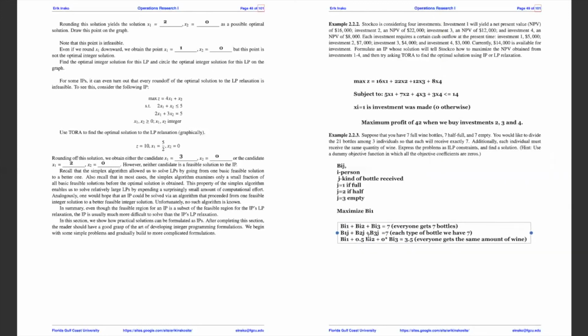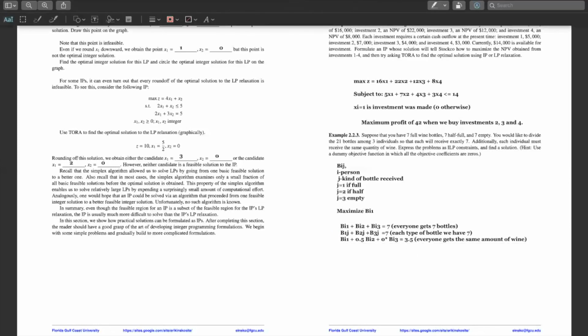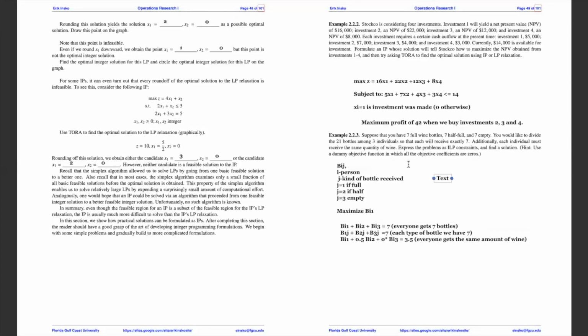So it says that there are 7 full bottles and 7 half bottles. So if we add all those together, we have 7 full plus 3.5 full from the 7 half bottles. That is a total of 10.5 bottles of liquid, or bottles of wine, that are full in total.